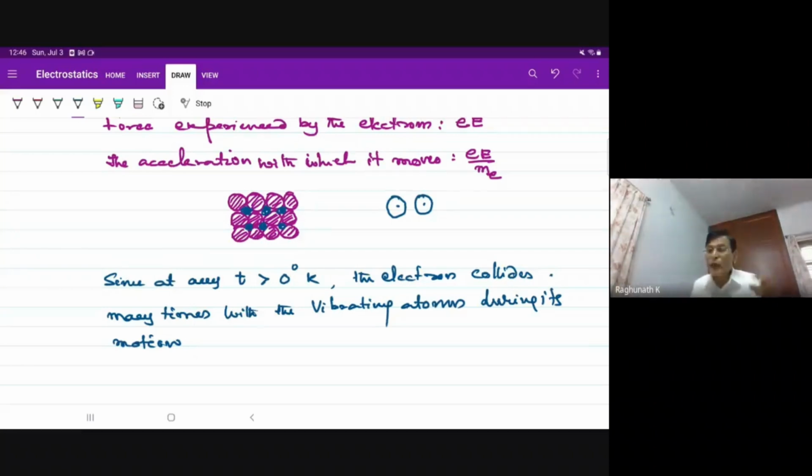Listen, when it is colliding, and at each collision, if its velocity becomes equal to 0, it accelerates until it collides with some other atom.